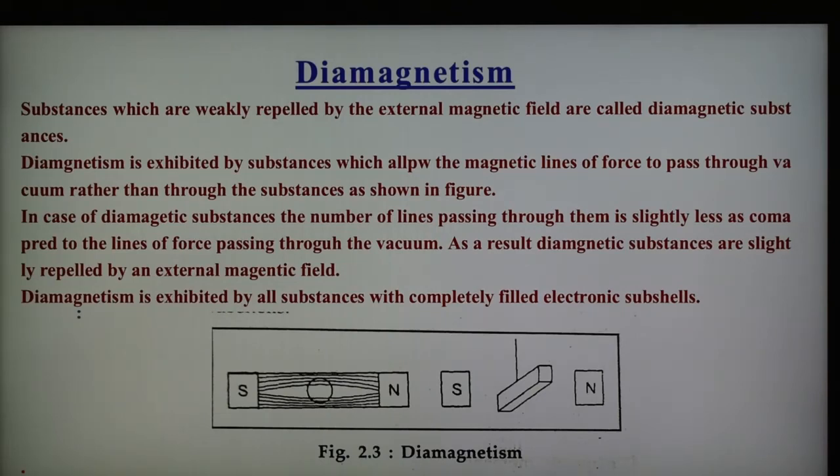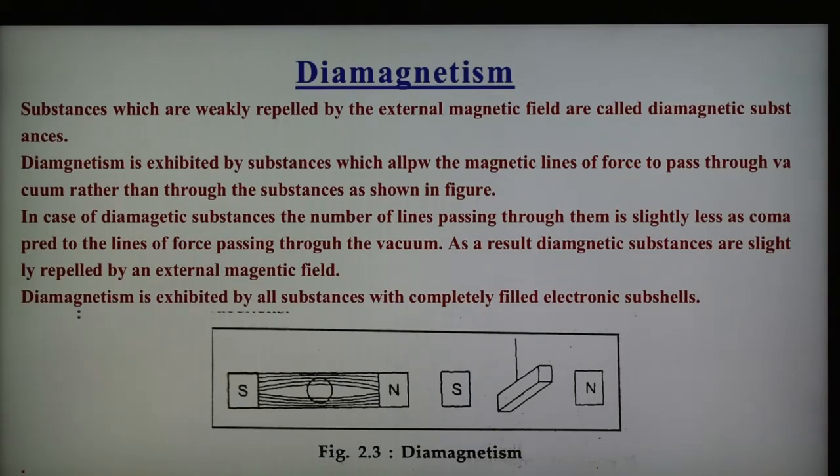In diamagnetic substances, more lines pass through the vacuum and fewer through the substance, and as a result diamagnetic substances are slightly repelled by the external magnetic field. And as we know, diamagnetism is exhibited by all substances with completely filled electronic subshells.